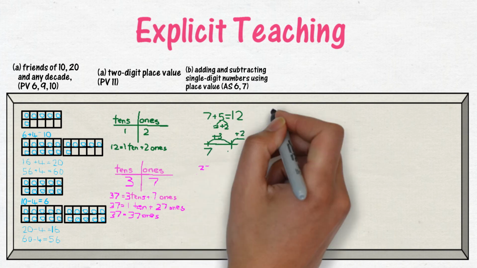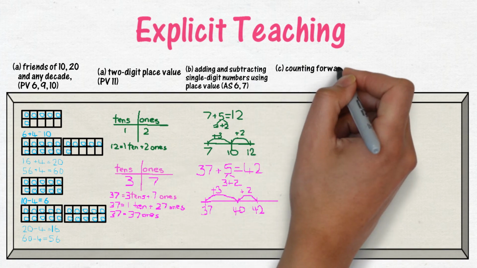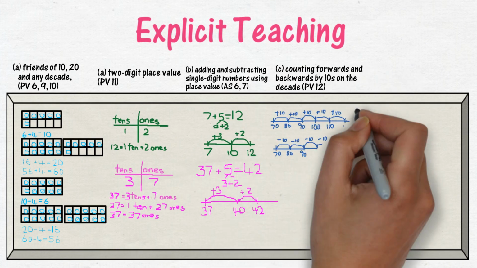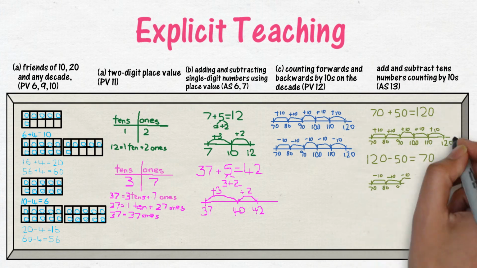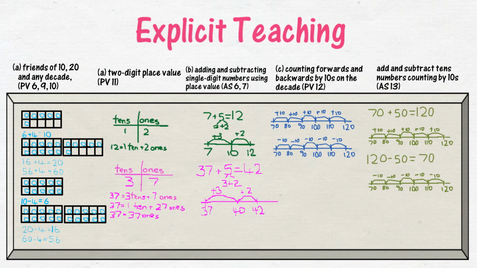B. Adding and subtracting single-digit numbers using place value. C. Counting by tens on the decade. And adding and subtracting tens numbers counting by tens. This explicit teaching segment of the lesson literally takes 10 to 15 minutes. The bulk of the lesson time is spent with children investigating at just beyond their current level of understanding.